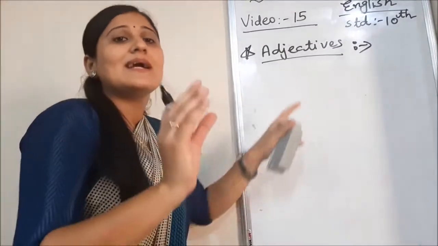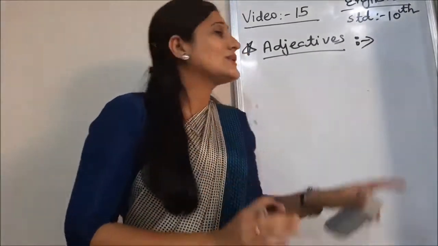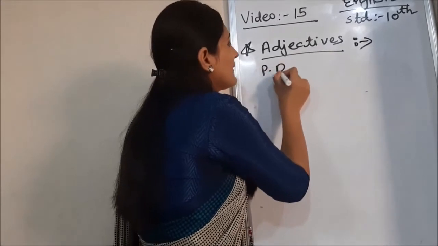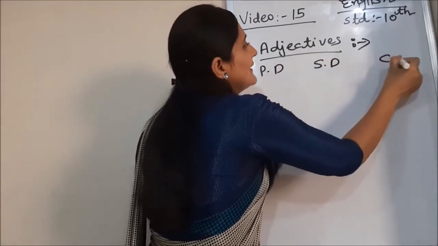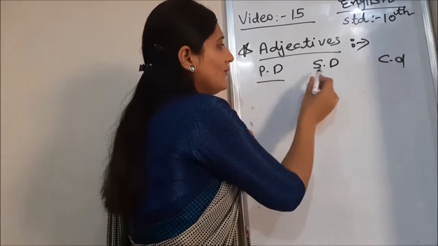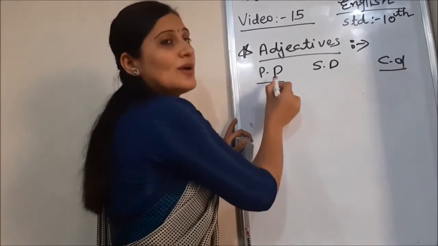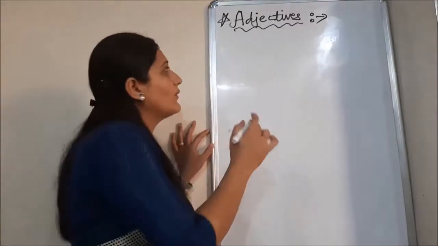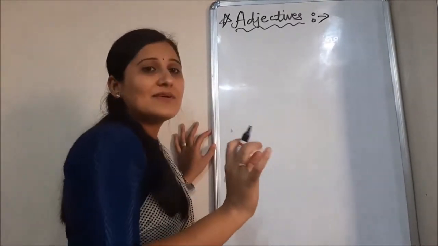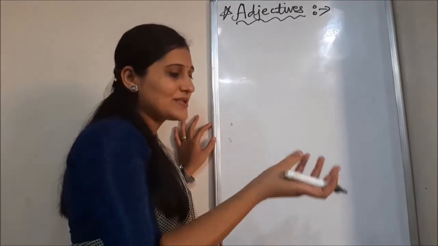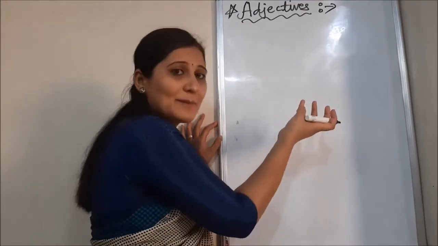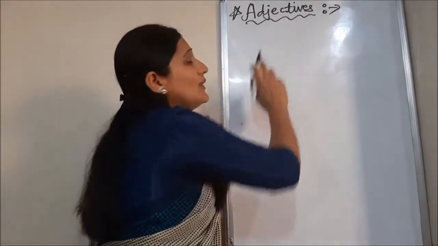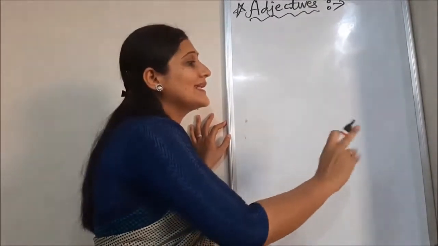Let me repeat. There are 5 common rules for the adjective for all 3: PD, SD and CD. Alright. Now see, after all the degrees information, that is positive, comparative and superlative, now I will discuss the adjective rules that are common for all 3 degrees.